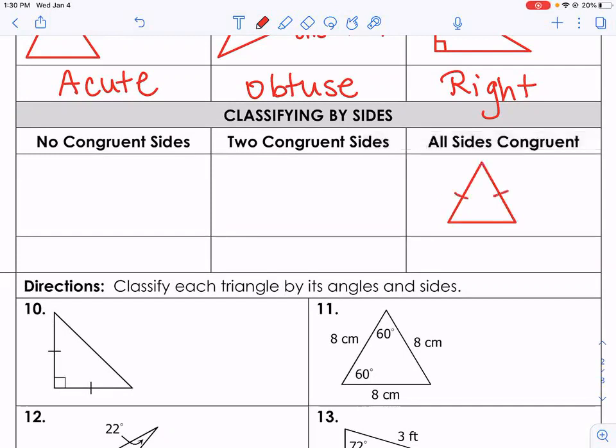Right, okay. But do you know what that kind of triangle is? By its angles, you are right. Equilateral, because all of the laterals are equal.